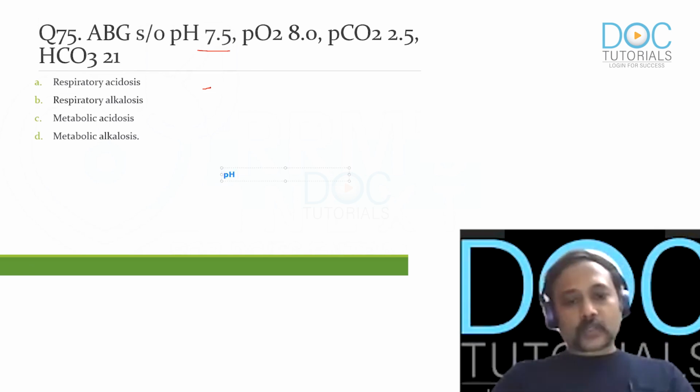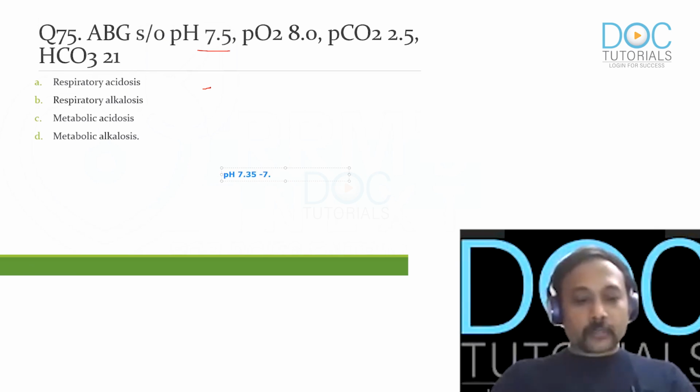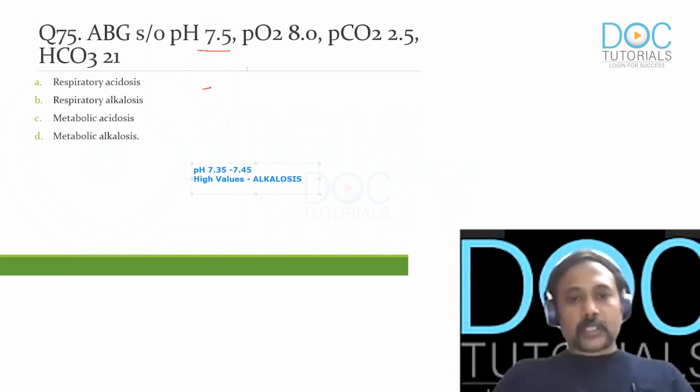The normal pH is somewhere between 7.35 and 7.45. All of us know that high values are indicative of an alkalosis. Low values indicate an acidosis. So now we have established that when it is 7.5, it is going to be an alkalosis.